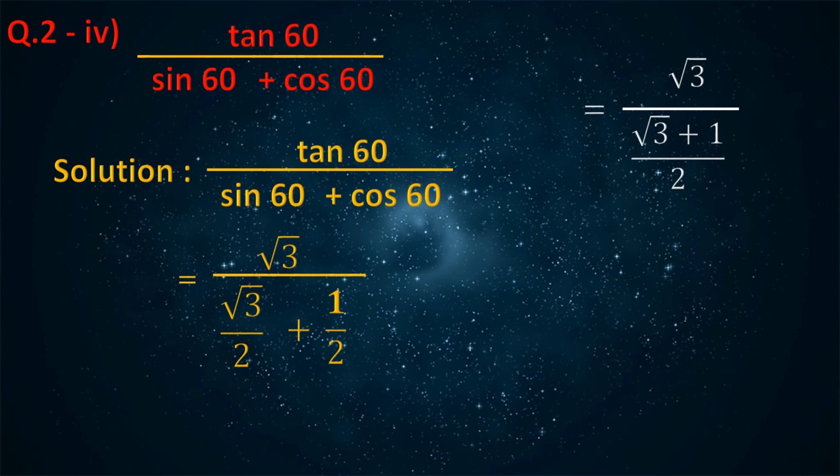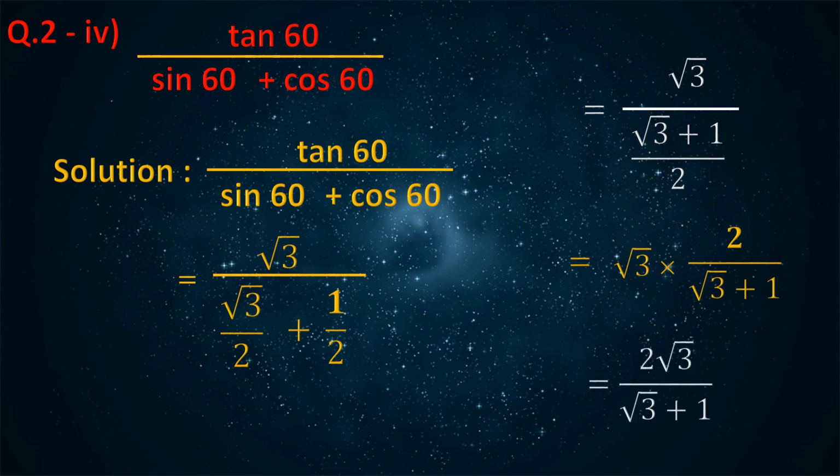Now here 2 will go upside, so it can be written as root 3 into 2 upon root 3 plus 1, which will further give us 2 root 3 upon root 3 plus 1.